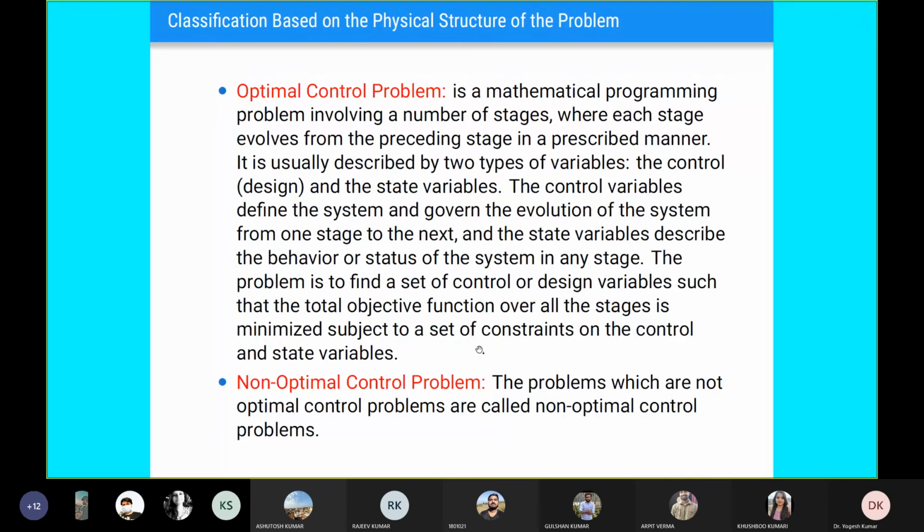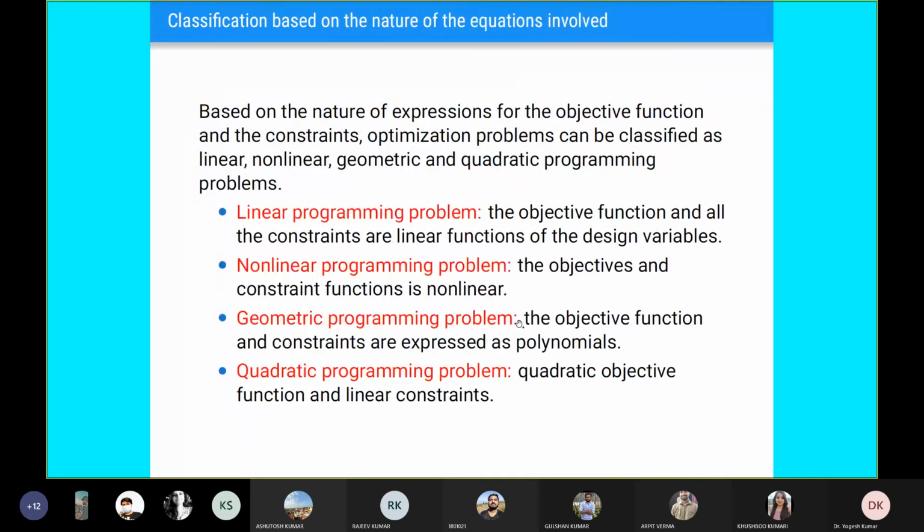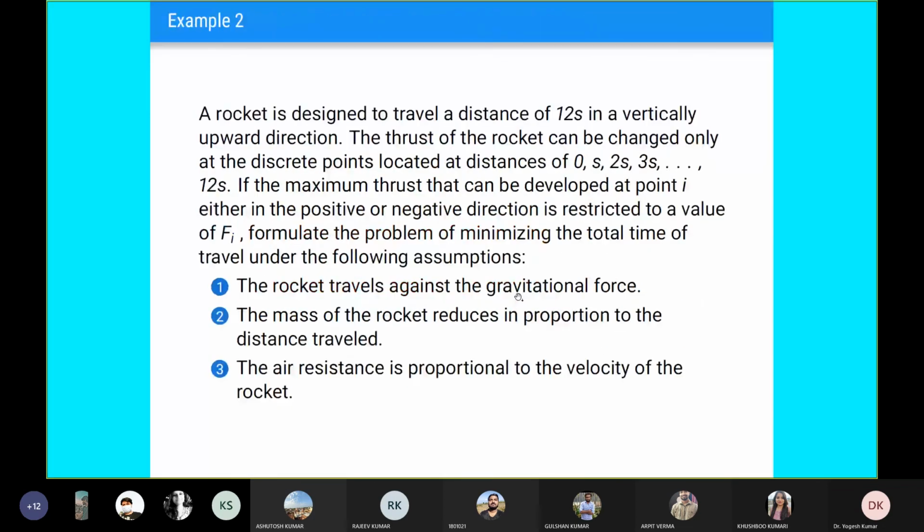Since we have 2-3 minutes, I will show one example of an optimal control problem, and maybe we will try to formulate this example mathematically in the next class. I will read out this example. A rocket is designed to travel a distance of 12 seconds in a vertically upward direction.